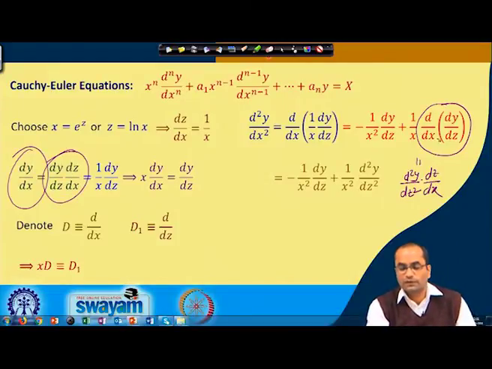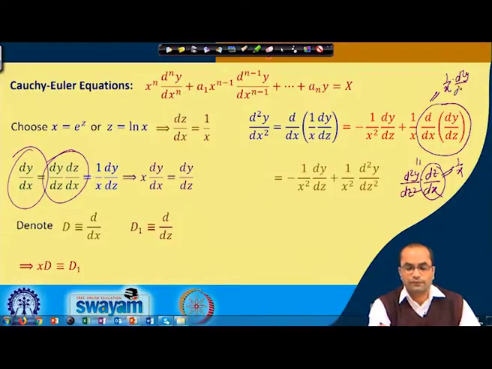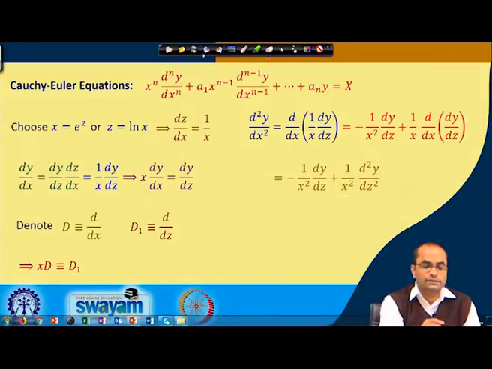So, the derivative of this dy over dz with respect to z and then dz over dx, and dz over dx is nothing but 1 over x. So, here the result of this will be 1 over x into d2y over dz square. Therefore, we got this 1 over x square and d2y over dz square.